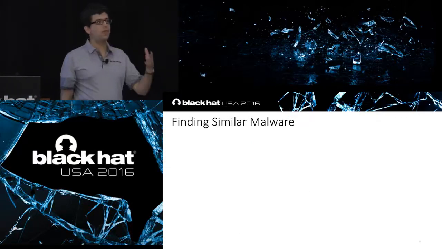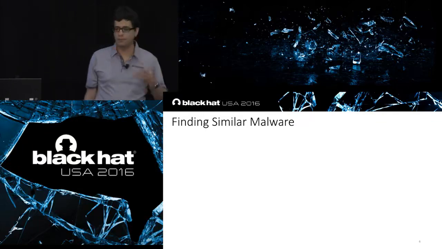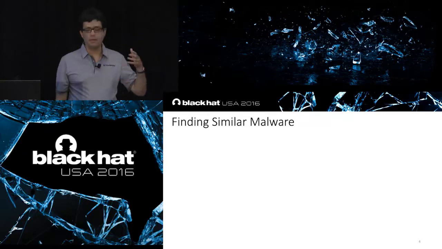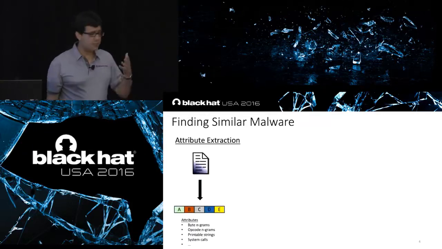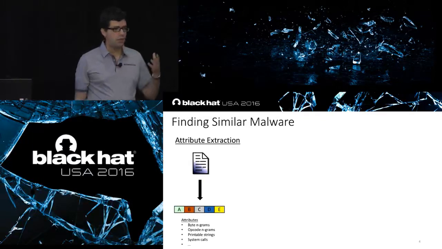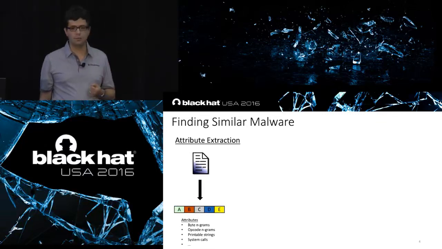What you have is this huge database of malware, and your task is to find a similar one. That's basically the fundamental task. How is it done? There are two fundamental steps. The first step is you have this malware file, and you extract some set of attributes from it. They could be any set of attributes.